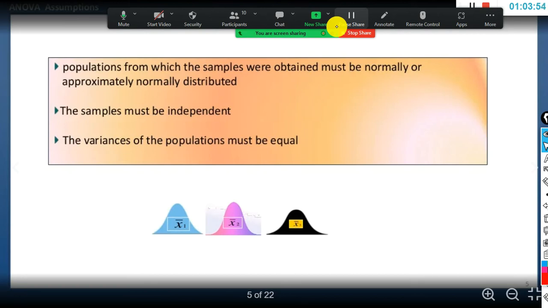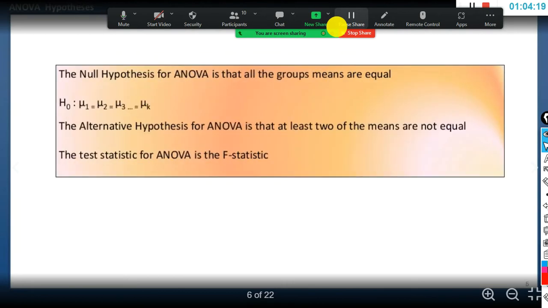These three shops are completely different, but the samples you obtain from these populations should be approximately normally distributed, and the samples must be independent. Obviously, this sample you have drawn from Walmart, this sample from Amazon, and this sample from Target. The variance of the populations must be equal. This is not always possible, so you can simply ignore that.